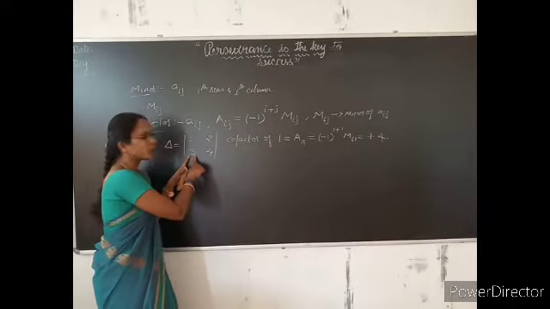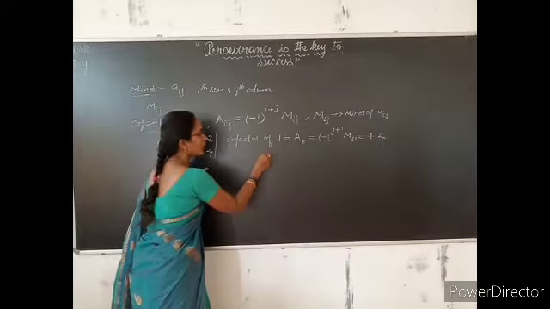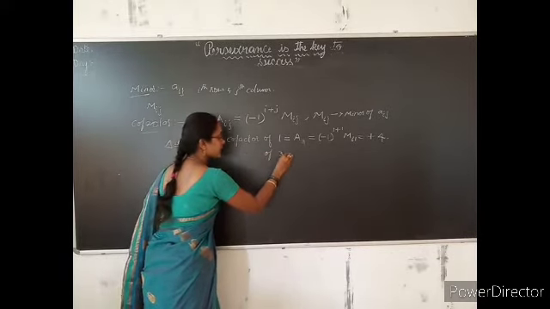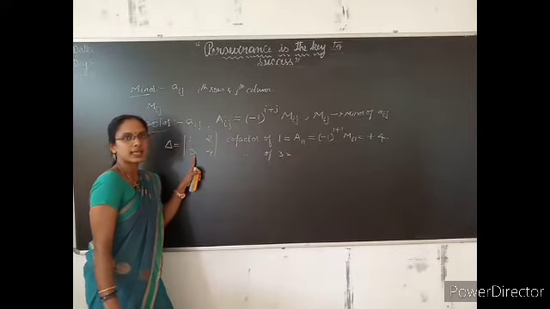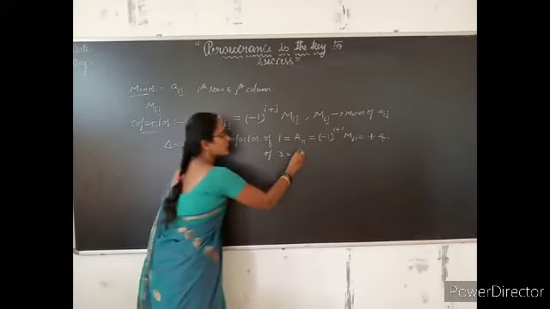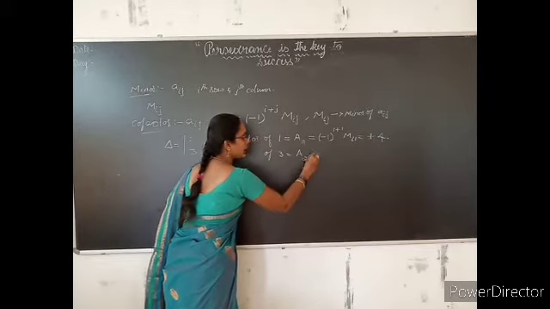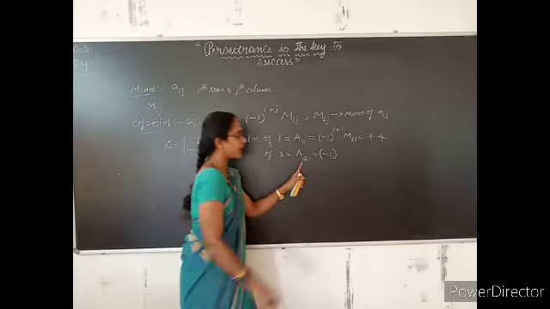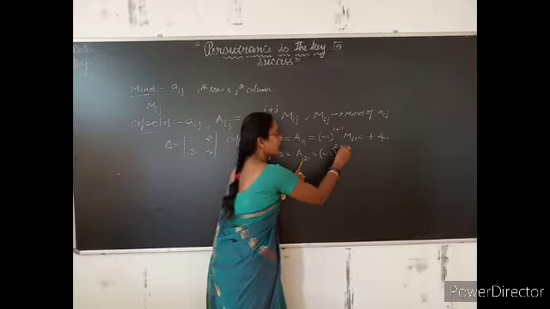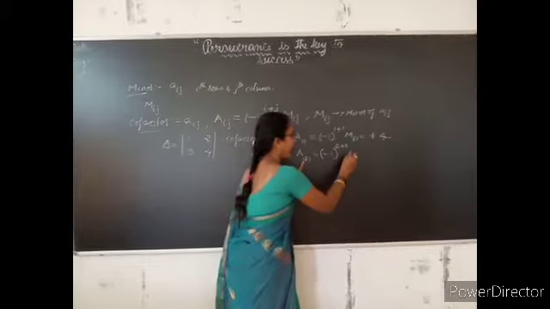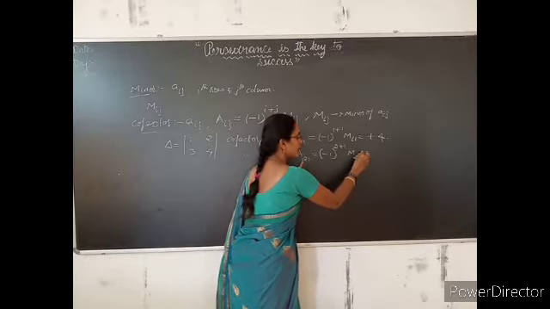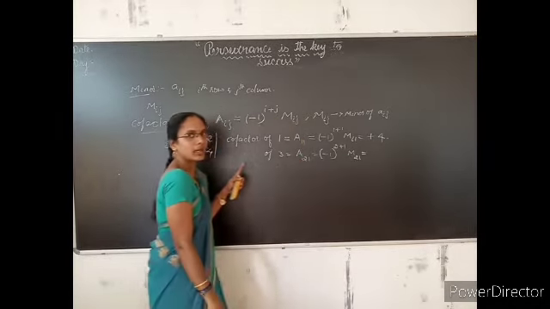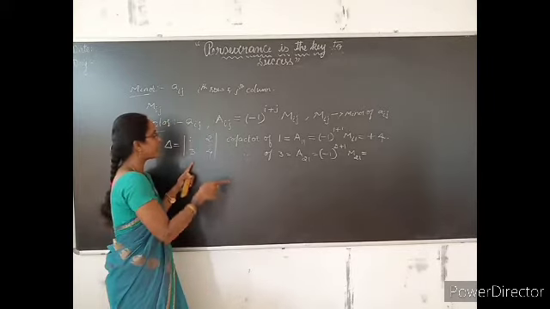Suppose we have to find the cofactor of this 3. The cofactor of 3: 3 lies in the second row, first column. So A21 is minus 1 to the power i plus j, where i is 2 and j is 1, into M21. What is M21?